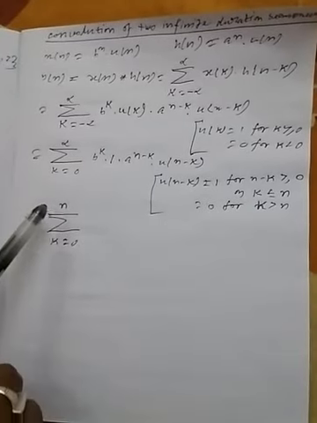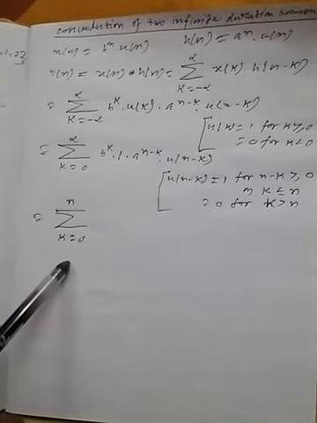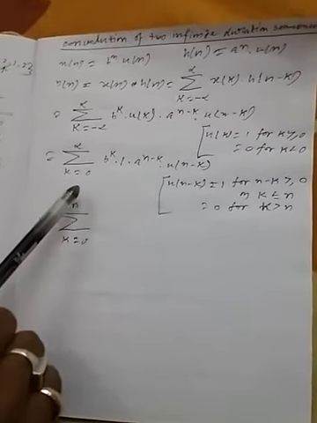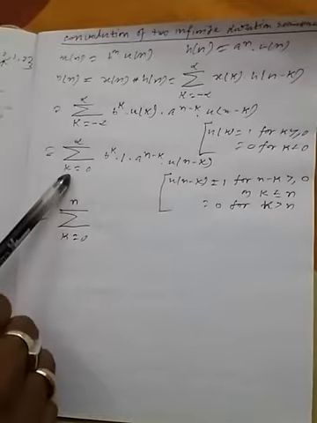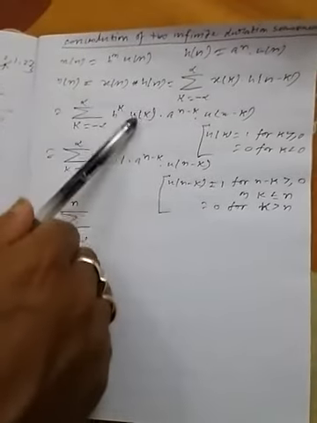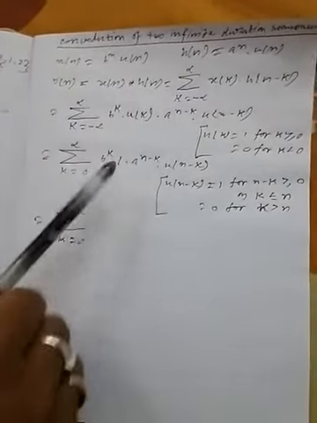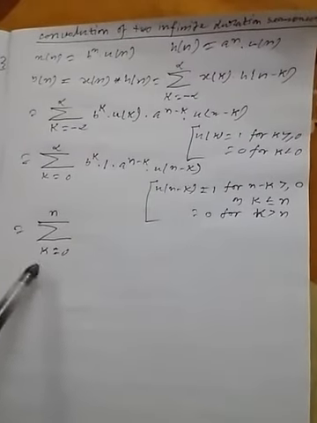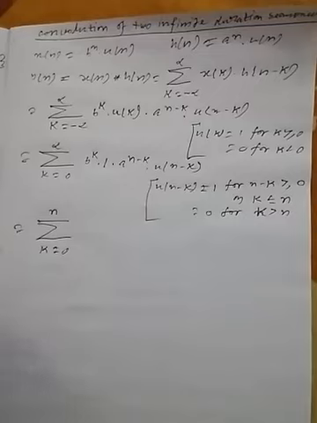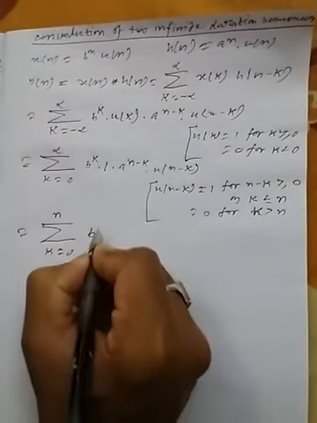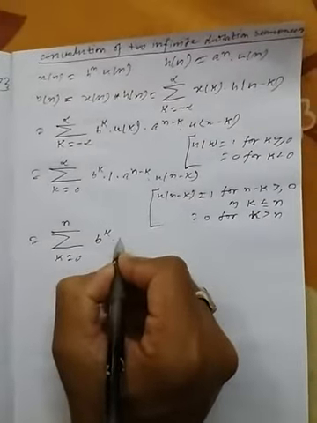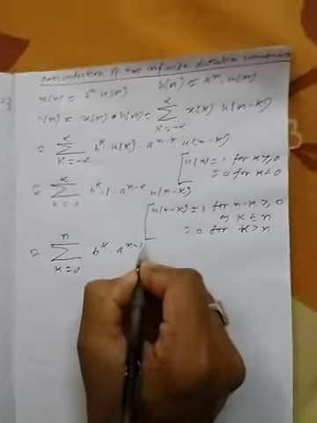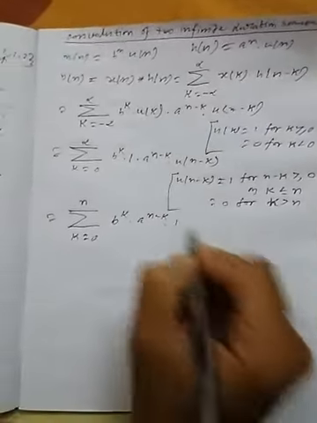Again, when k is less than 0, then u[k] is also 0. So the entire range will be k equal to 0 to n. So this will be b^k into a^(n minus k) into 1.